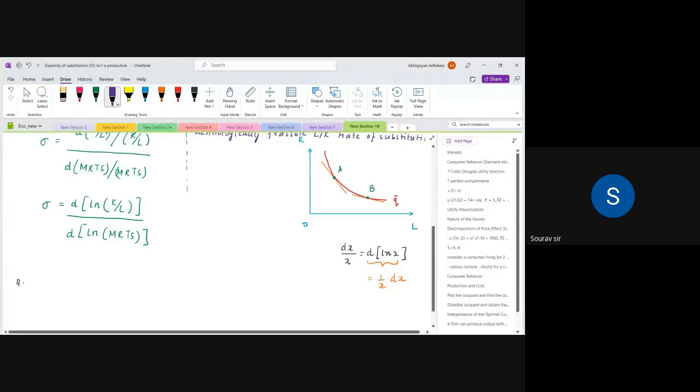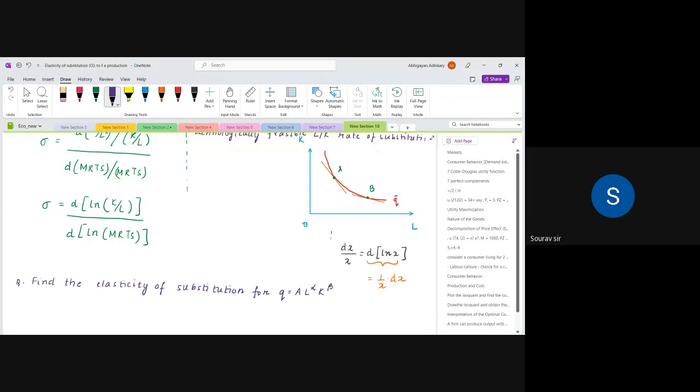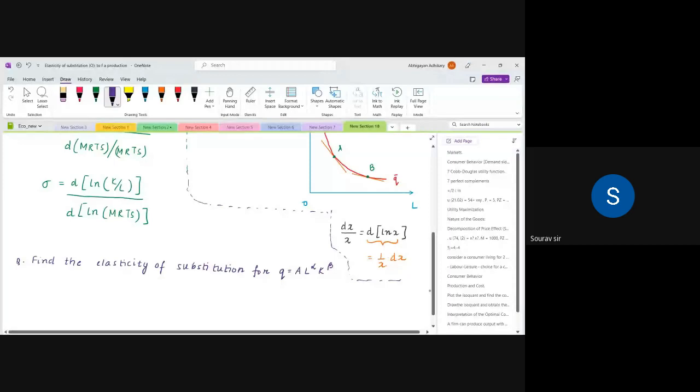We want to find the elasticity of substitution for Q equals A times L to the power alpha K to the power beta, the Cobb-Douglas production function. Let me show you one question so that it's easier to follow.